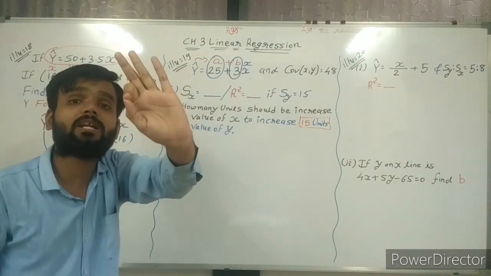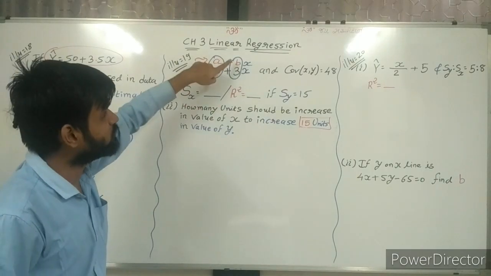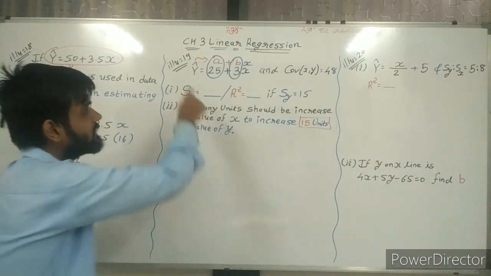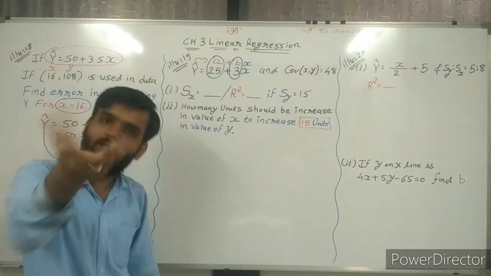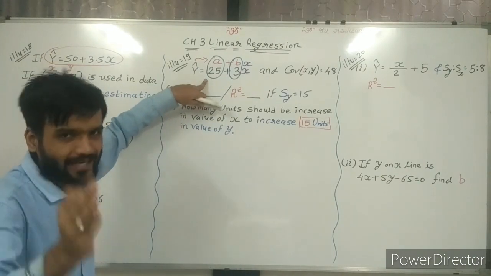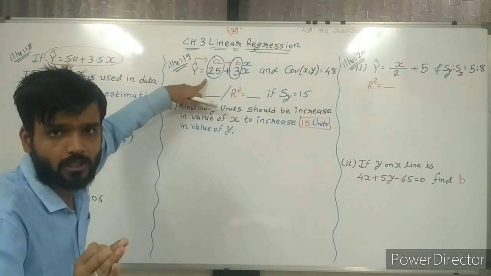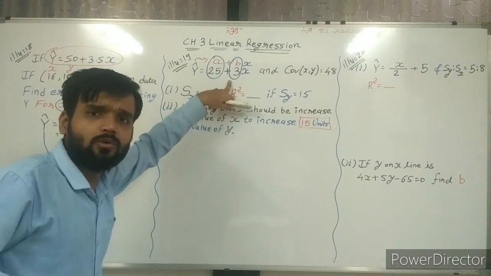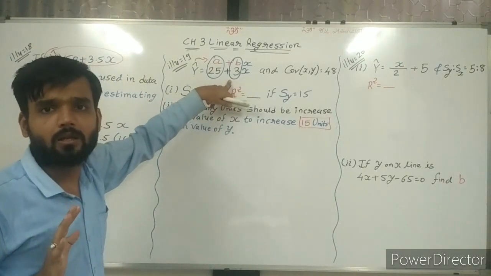But here the sign is same, so b is equal to 3. So sir, by using this equation, we can find two values directly. Which two values? Sir, a is equal to 25, that is my first value. And second value, b is equal to 3, that is my second value. That we know very well.